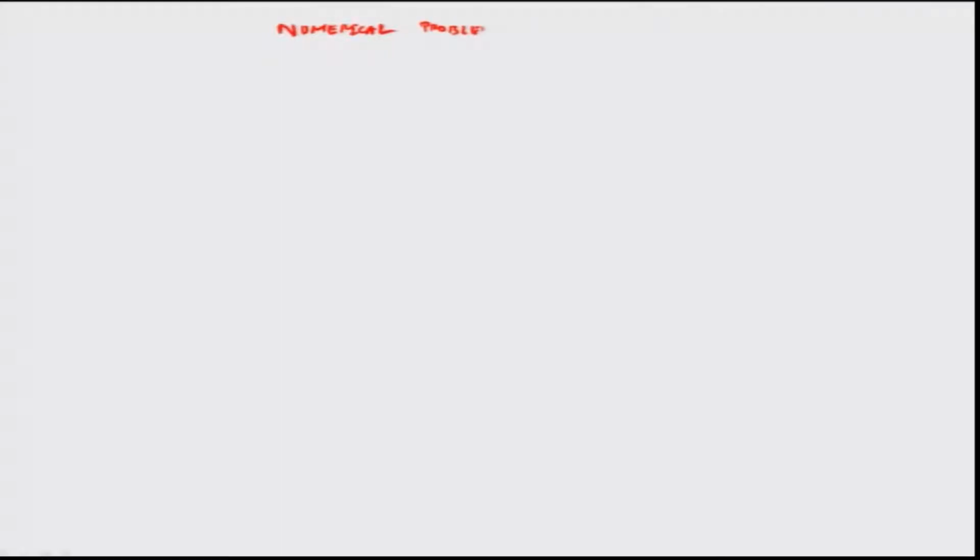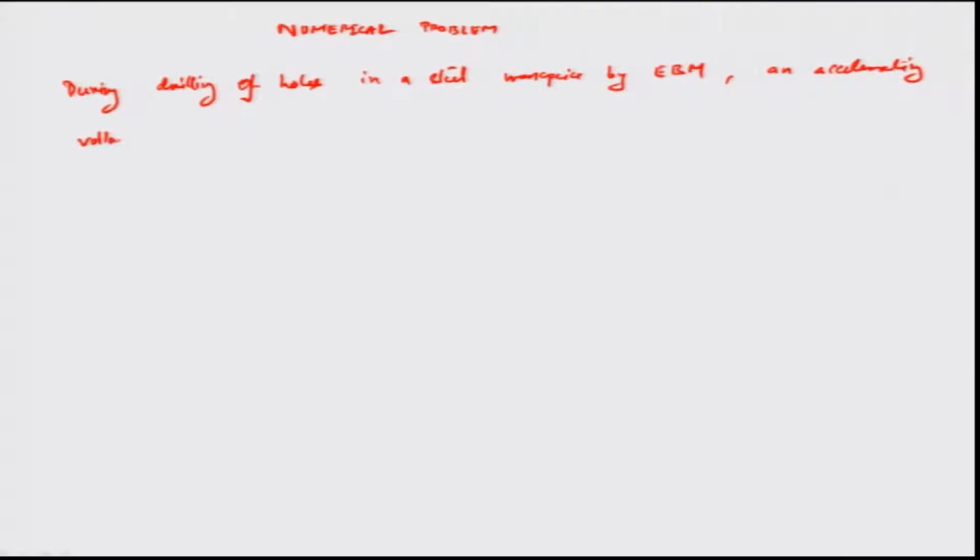So, we designed this problem from a real experiment that during drilling of holes in a steel workpiece by EBM, electron beam machining, an accelerating voltage of 150 kV is used.